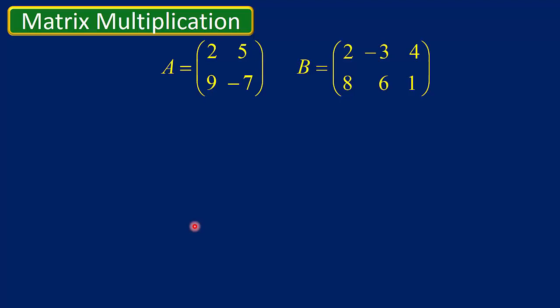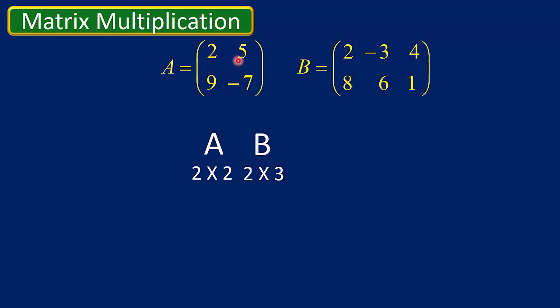Now, let's look at another example here. If we talk about multiplying these two matrices together, now notice A is a 2 by 2 and B is a 2 by 3. Now remember, when we multiply, we take the row by each column.